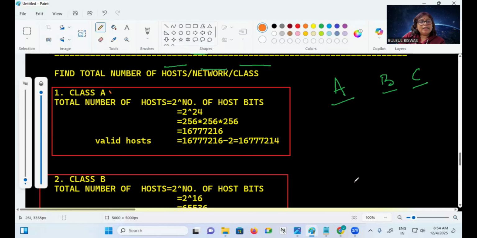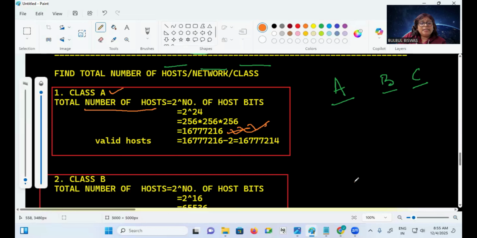If you go for class A, to find the total number of host addresses, we take 2 to the power of the number of host bits. So you know very well that in class A, 3 octets are reserved for host. So 3 octets means 24 bits. So 2 to the power 24 is how many host addresses are available in every network. Is it clear?